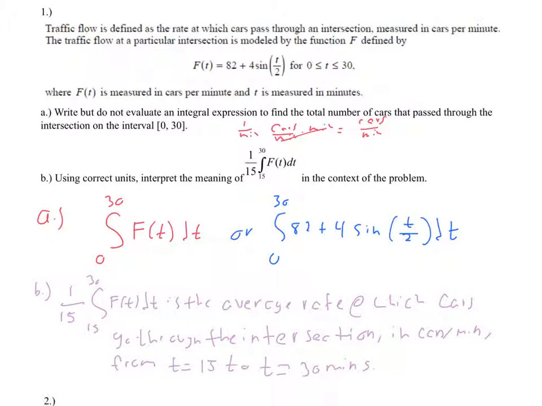So it's always an average when you have 1 over, and then what does that function f model? It models the rate at which cars pass through the intersection.